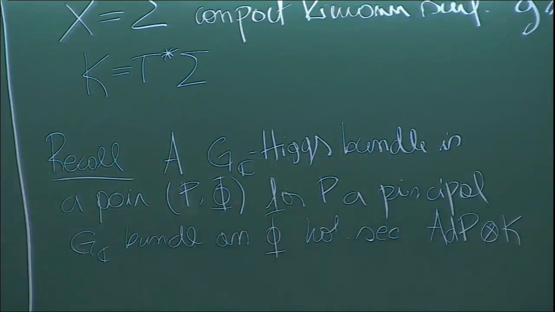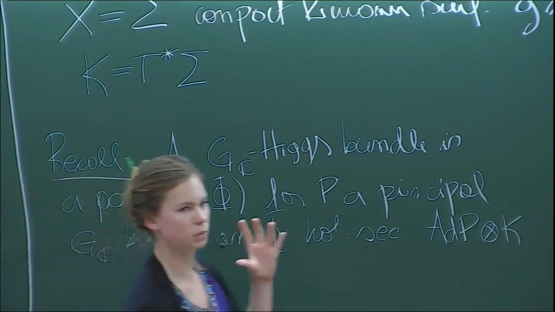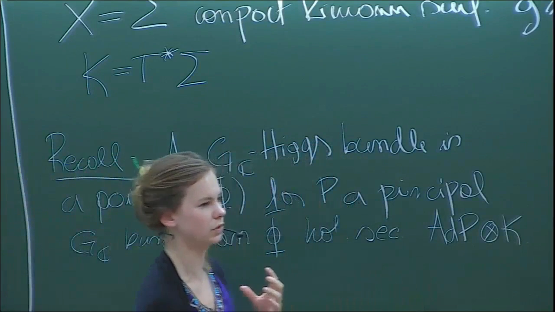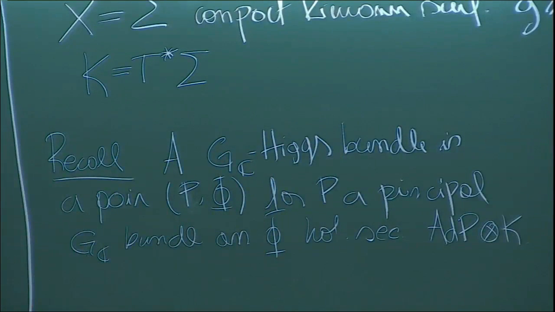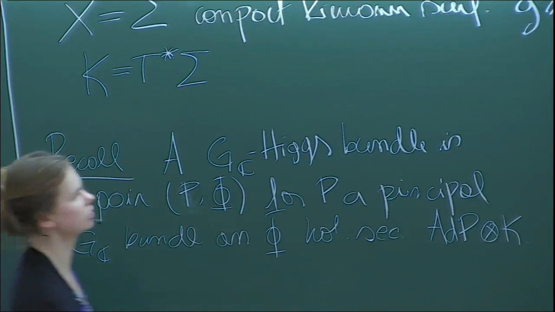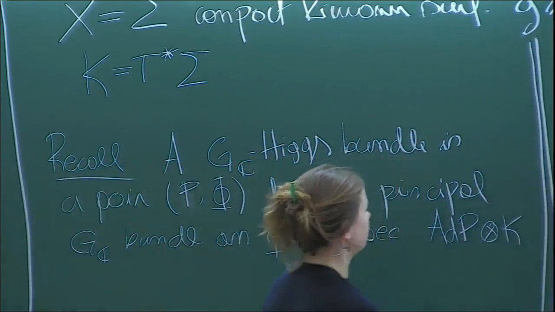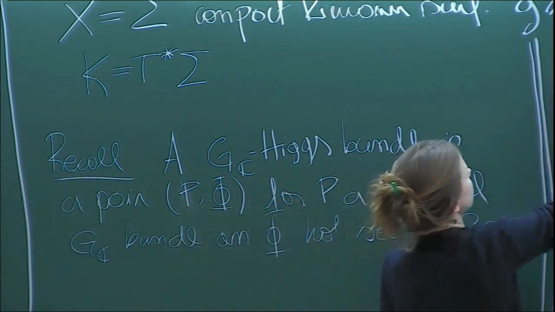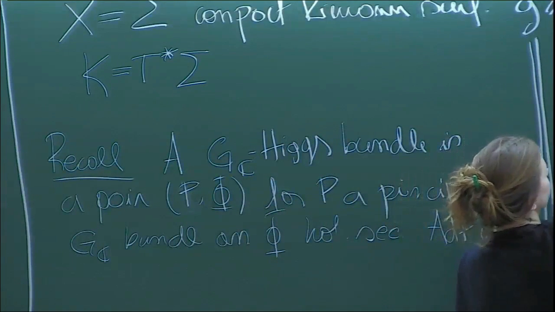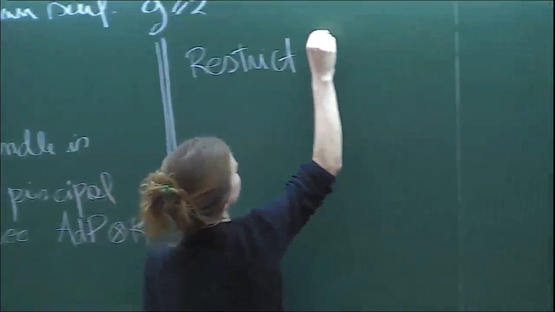But we went further and we said that if G_C is a subgroup of the general linear group, then we can just think of them as classical Higgs bundles with some extra information, and that's what we're going to do today. So today we're going to restrict our attention to the cases of G_C being subgroups of the general linear group.